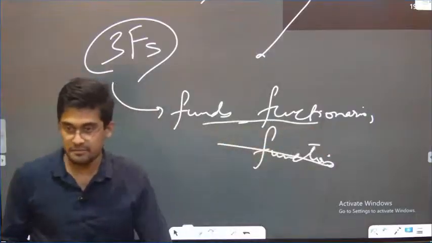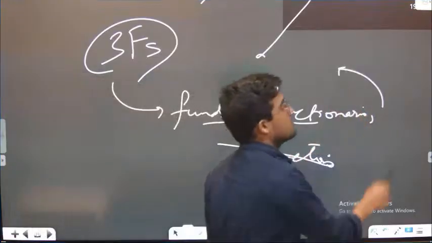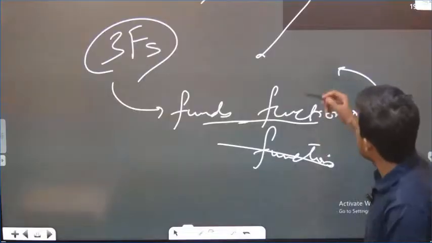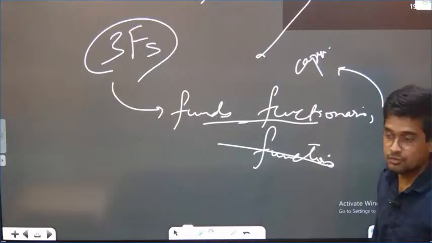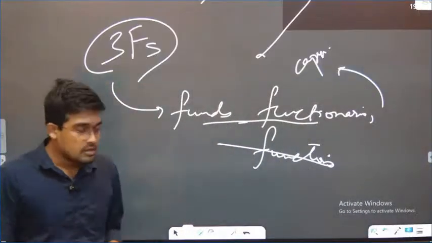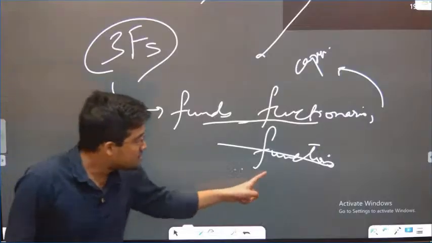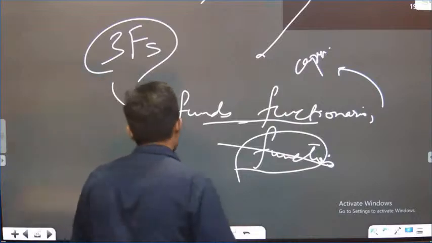They lack funds and they lack functionaries. They don't have people with the capacity building to deliver goods and services. That's why NGOs and interest groups suffer. Functions is used in local government, in local government criticism.